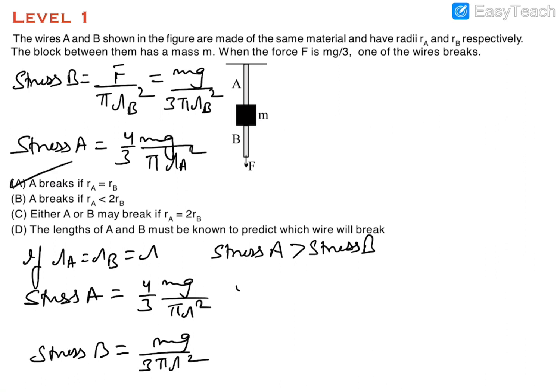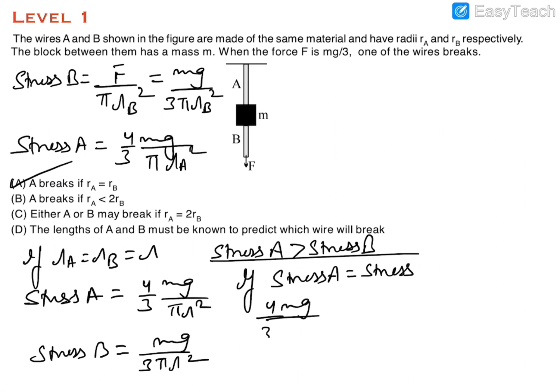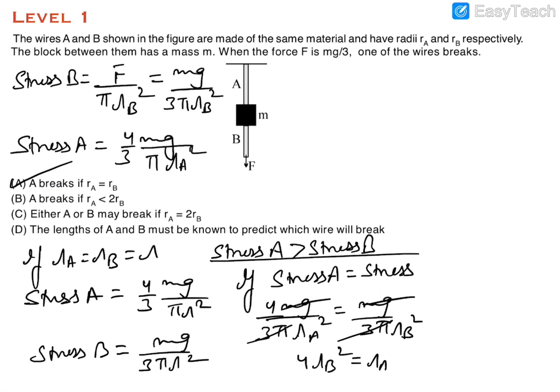Now let us equate the stresses, which is another condition. So 4 mg by 3 pi RA square is equal to mg by 3 pi RB square. Cancelling 3 pi, we get 4 RB square is equal to RA square, and 2 RB is equal to RA.